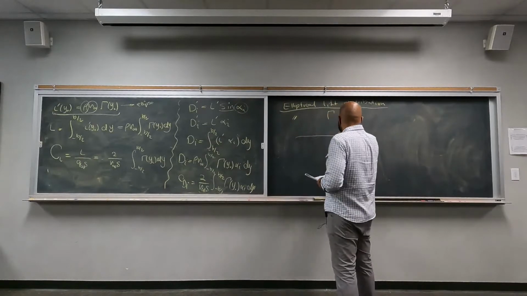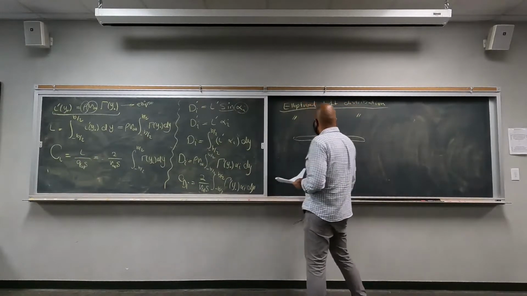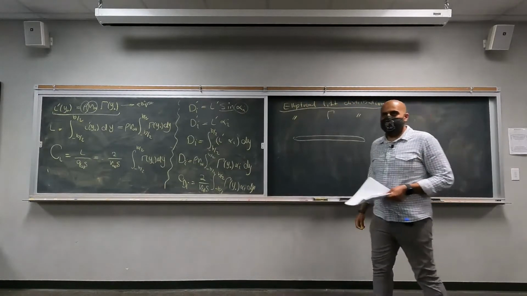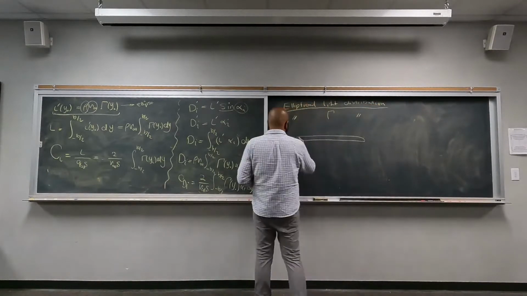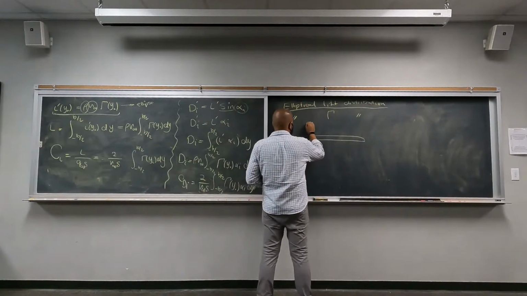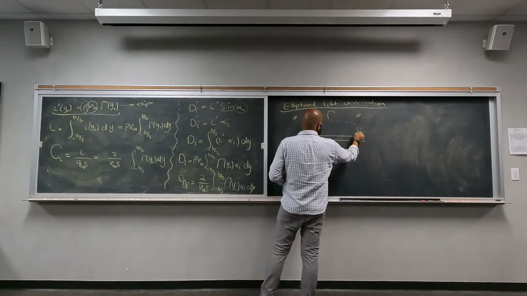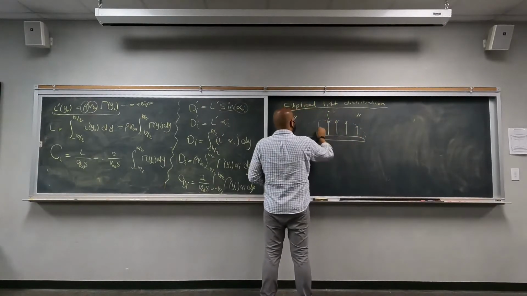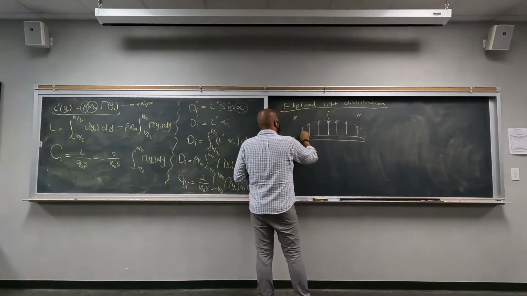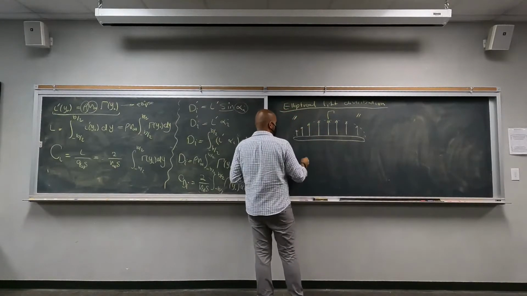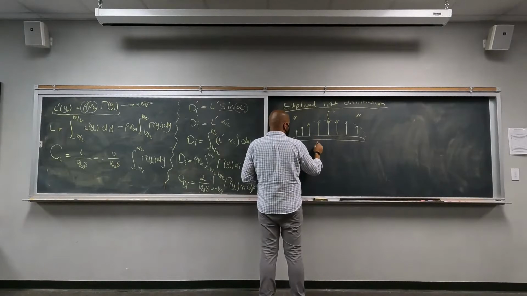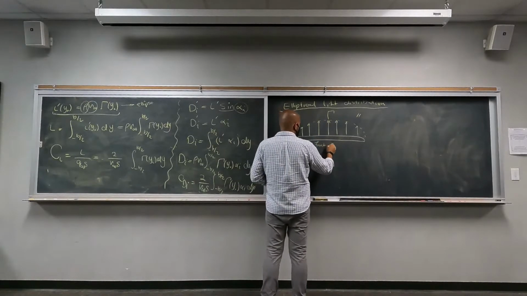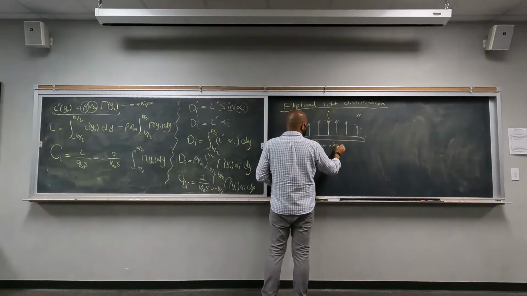So let's say this is a front view of your wing. What does an elliptical distribution look like? Of course, it has to look like an ellipse, right? Just to make sure you are not confused, this is a front view of the wing.